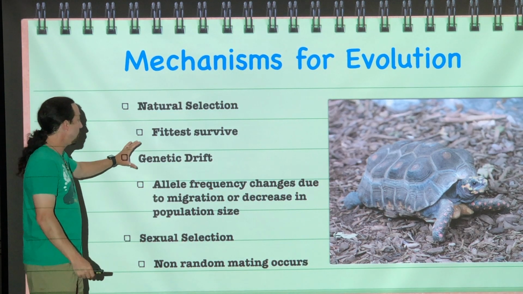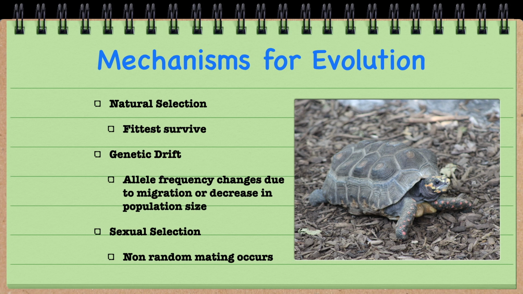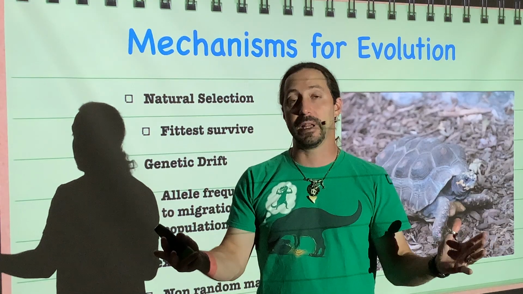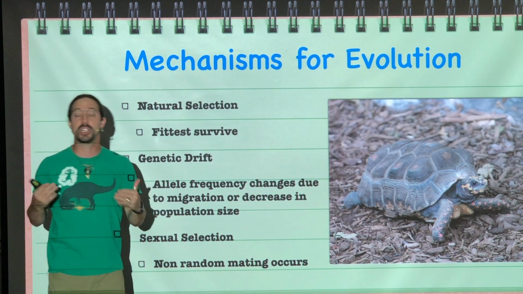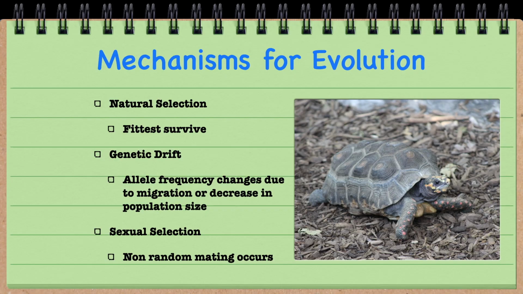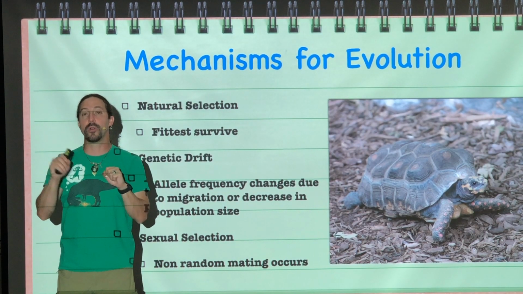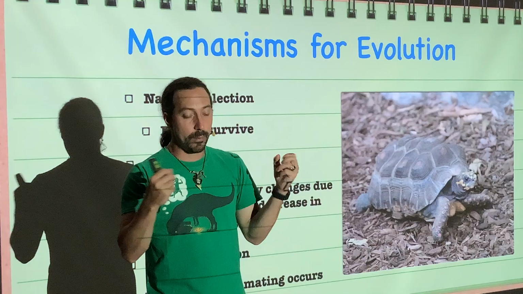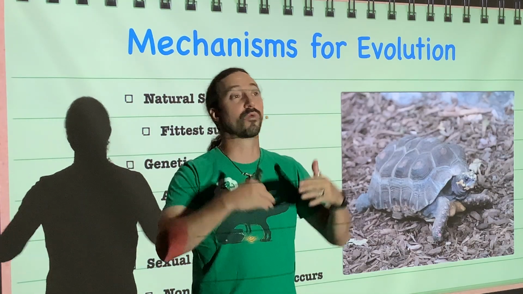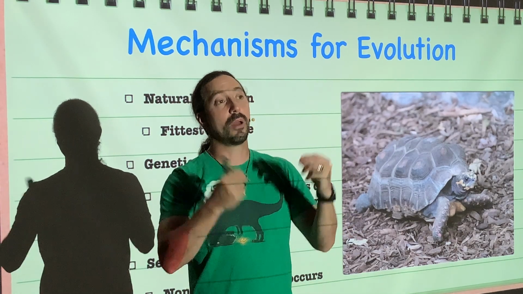Or it's due to some random chance of either migration or based upon some random disaster that wipes out a large amount of a population, decreasing the allelic variation within that population. Or it's due to sexual selection, where you have non-random mating occurring, where the organisms are going to choose which traits are going to be favored and which traits are not favored, based upon which organisms are going to be able to reproduce and which organisms are not going to be able to reproduce, based upon mate choice.